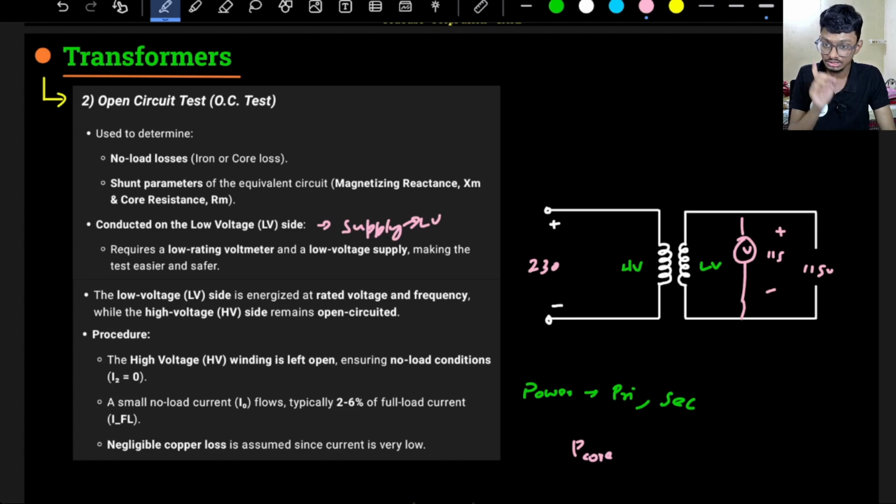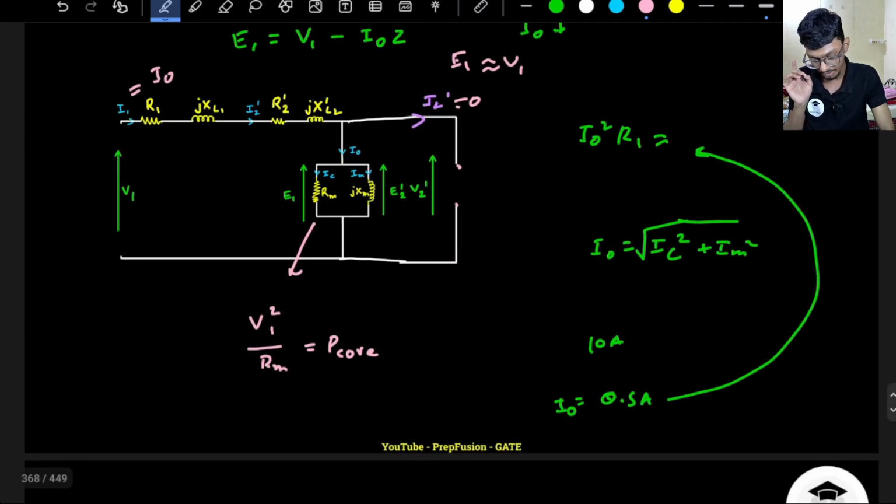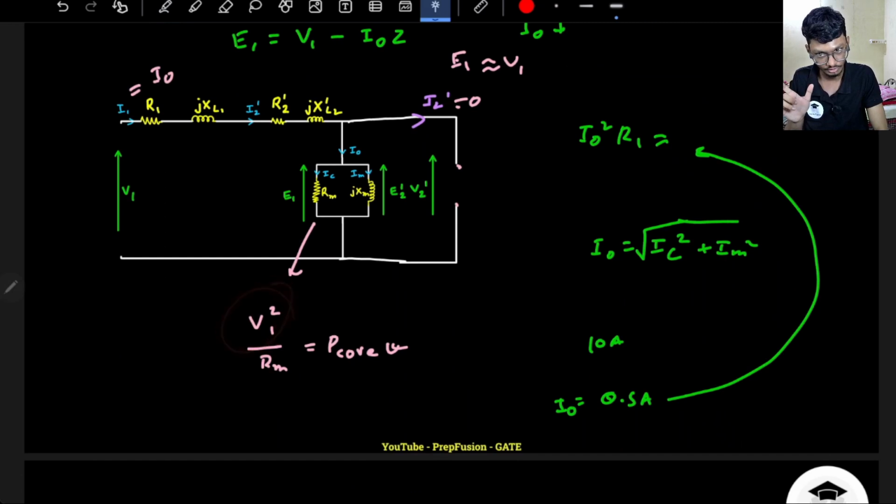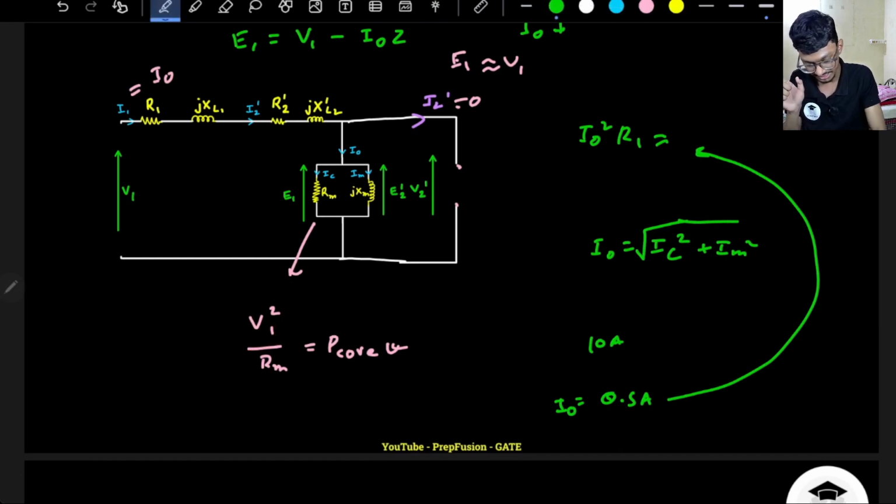Remember, my P core is dependent on voltage, and this voltage is rated, so I have to apply rated voltage. I cannot apply voltage like 10 volt, 20 volt. I have to apply rated voltage, because the actual transformer will work at rated voltage only, either 230 volts or 115 volts.